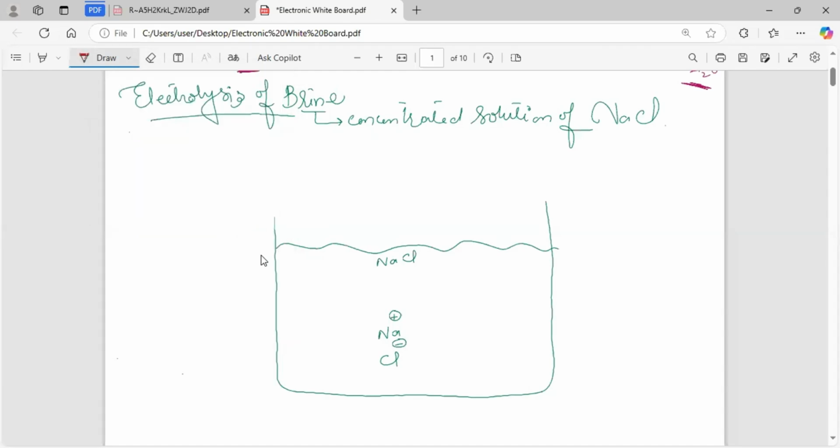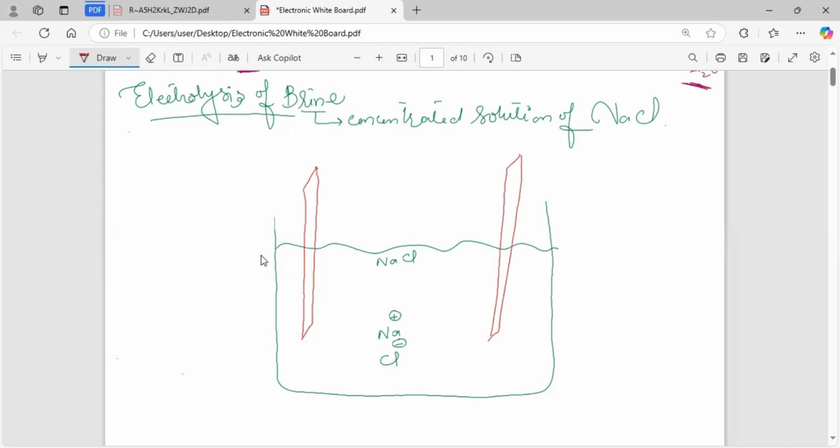Now we are going to add two inert electrodes, which will not react with any of the reactants, any of the solute particles or any of the solvent particles. These electrodes are made up of graphite. We studied in our previous class that they are inert in nature.